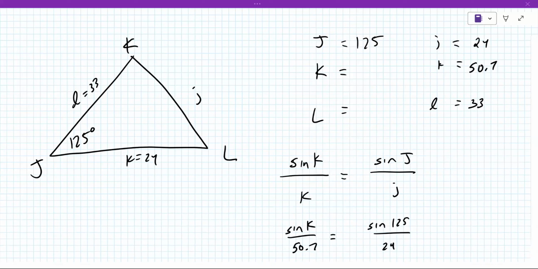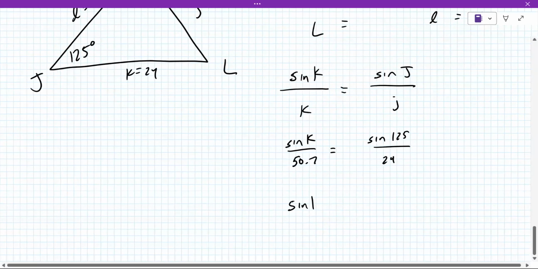So for the left side, I got 0.008. Okay. Almost there. So I got a different value. Did you multiply both sides by 50.7? Sine K is 50.7 divided by 24 times the sine of 125.